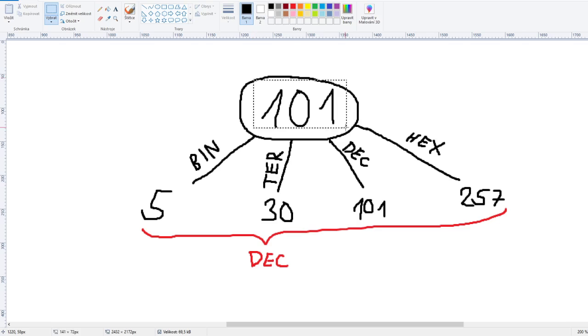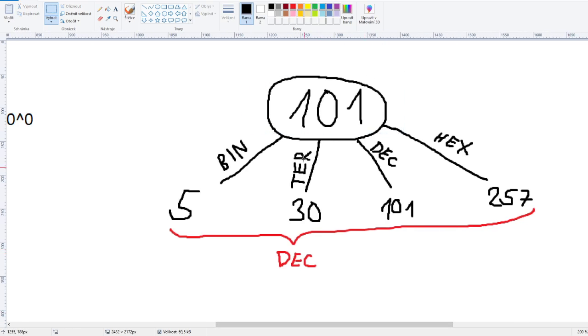However, if this is a binary number, then the decimal representation of that number is 5. Or if it's ternary, then it would be 30. Or if this is hexadecimal, then the decimal value is 257. Therefore, a number doesn't necessarily have the value you're expecting. You also have to know the system that the value is written in.